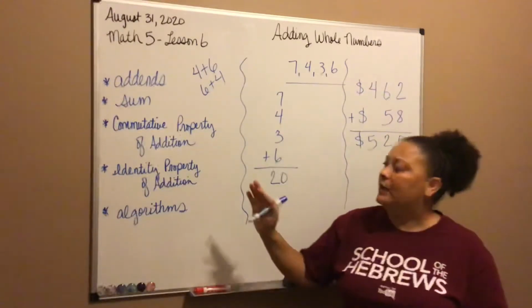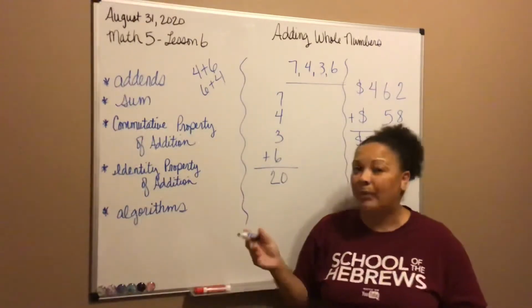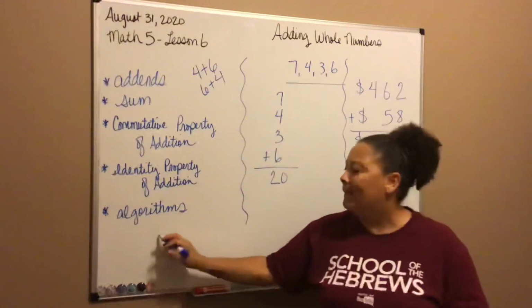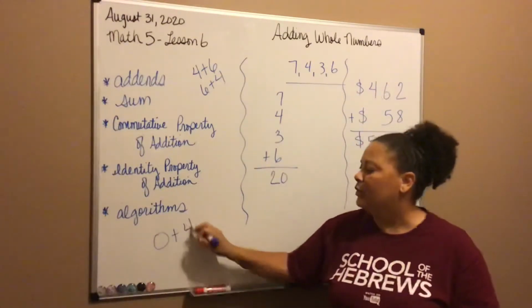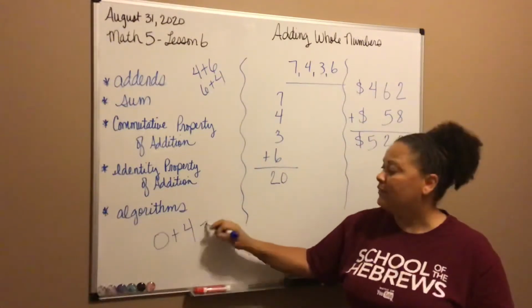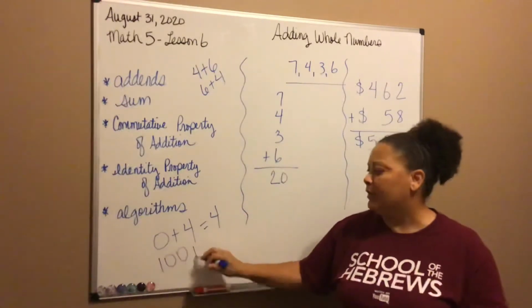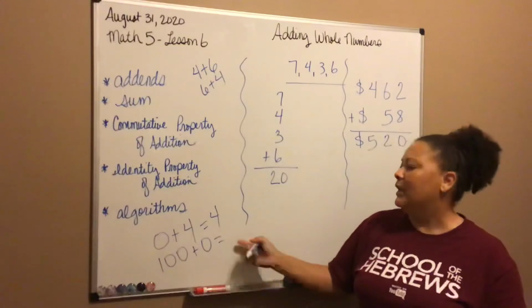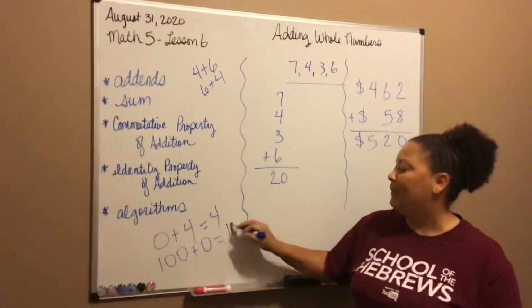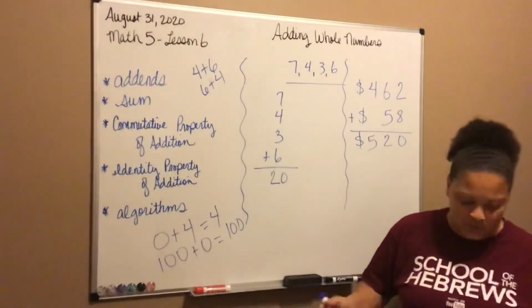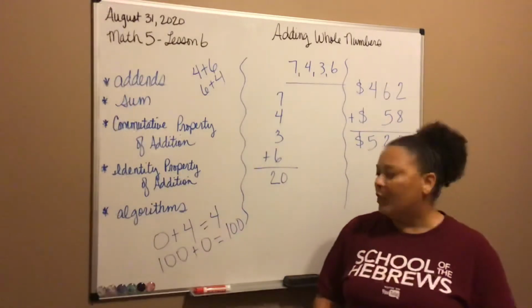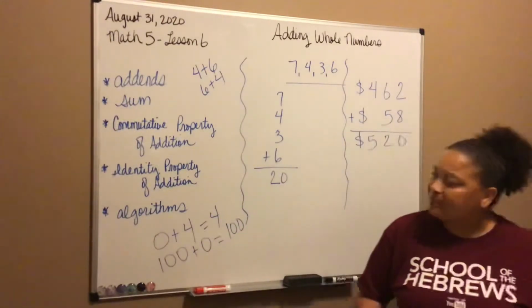And so then we also have the identity property of addition. That's any number plus 0 equals that number. It identifies the number, so it doesn't matter if you do 100 plus 0, 1000 plus 0, it will come back and identify the number that you're adding to 0. So it's the identity property of addition.